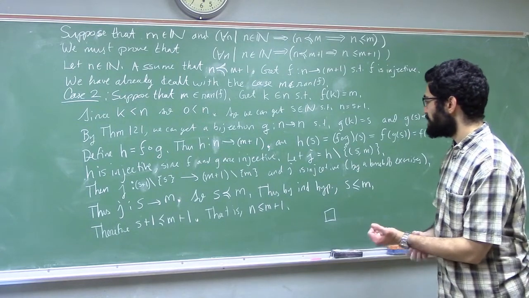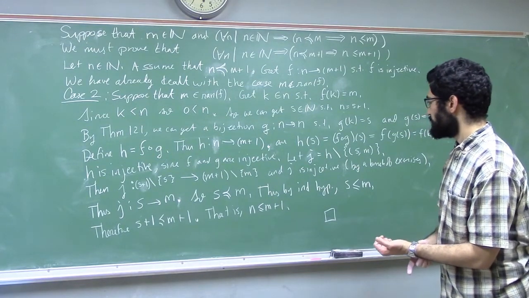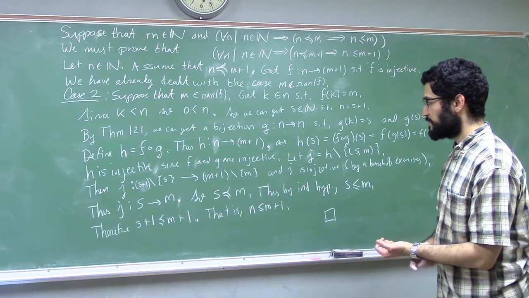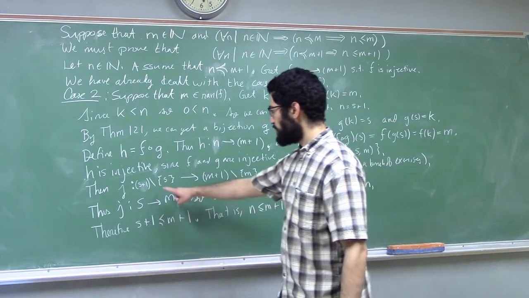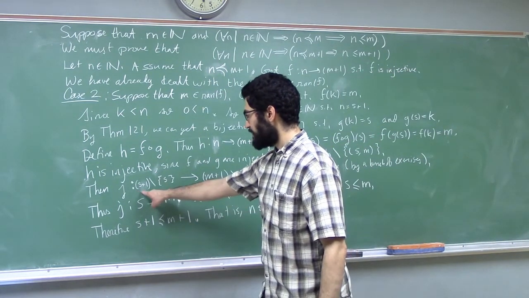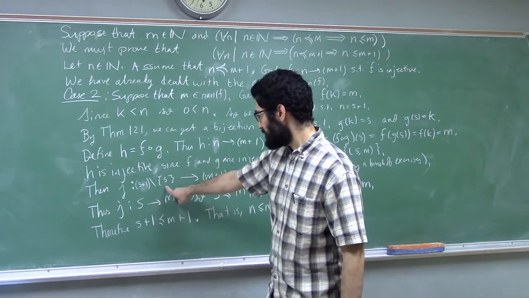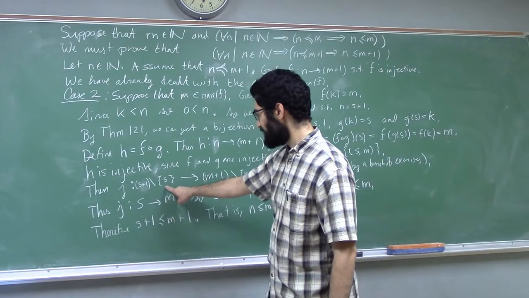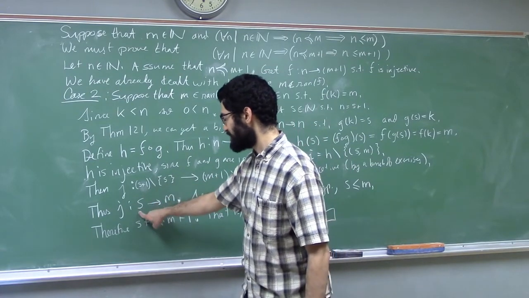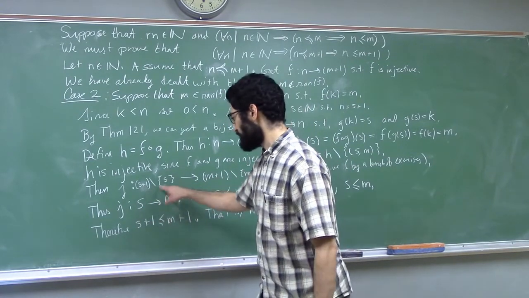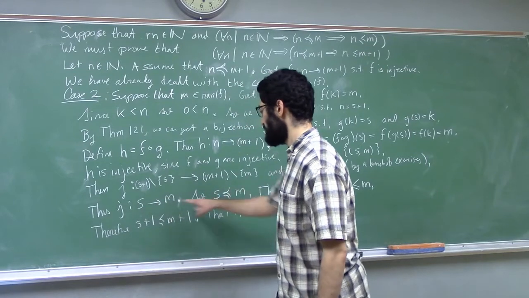There are a few exercises that fill in some gaps. So the major gaps are, well, there's a minor gap, which is knowing that if you take the successor of a natural number, and then delete from it the natural number itself, then you get the predecessor. So s plus 1 delete s is s, m plus 1 delete m is m.